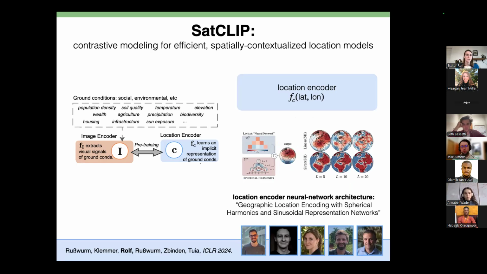The particular form of this function f is informed by our desire to capture global scale phenomena. In particular, we wanted to make sure we weren't getting distortion at the poles. So it's built on this paper here, the specific architecture.